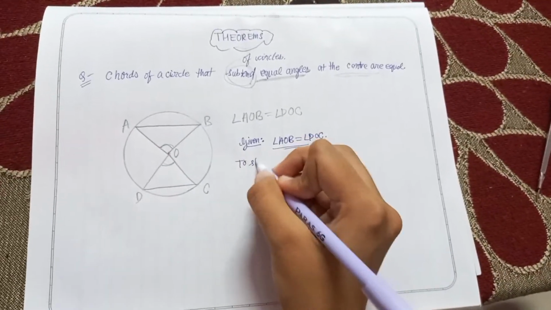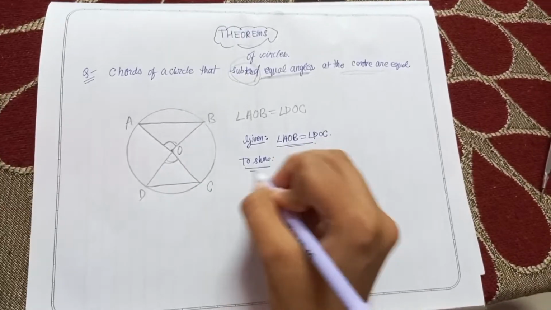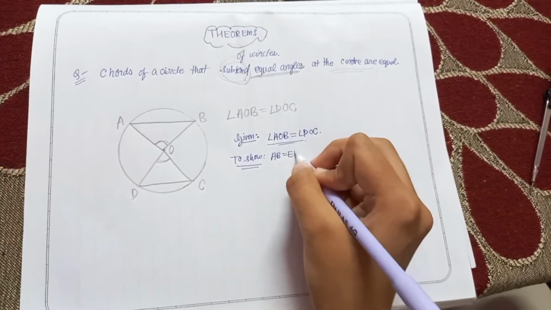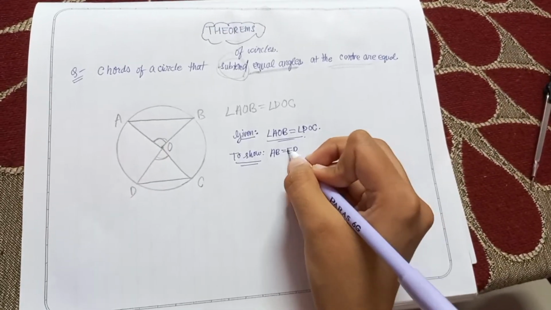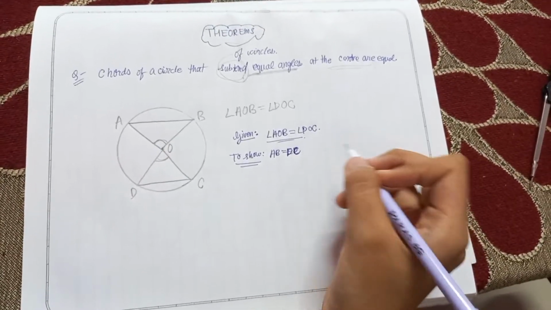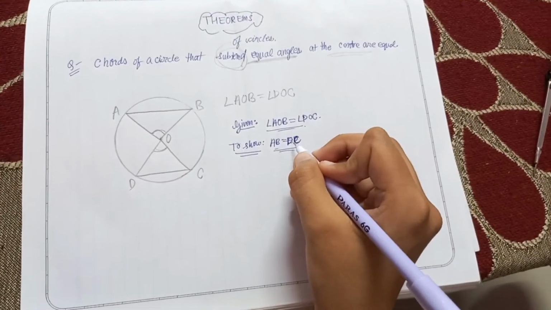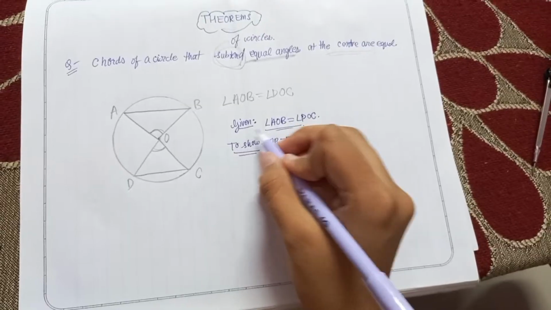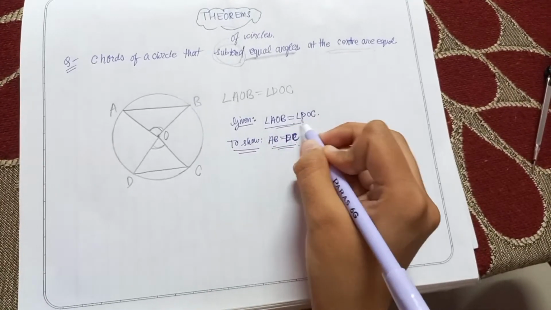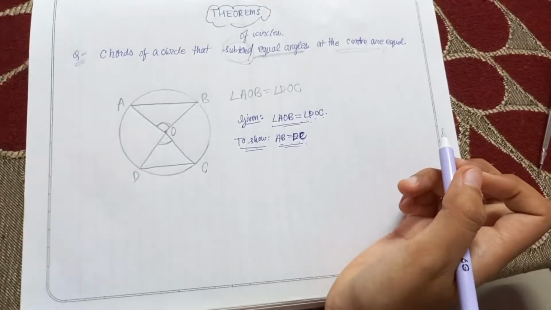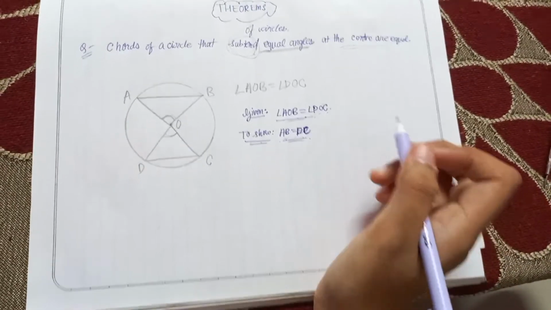Now what do we need to prove? We need to prove that AB is equal to DC. We are given that angle AOB is equal to angle DOC and we need to show that chord AB is equal to chord DC.